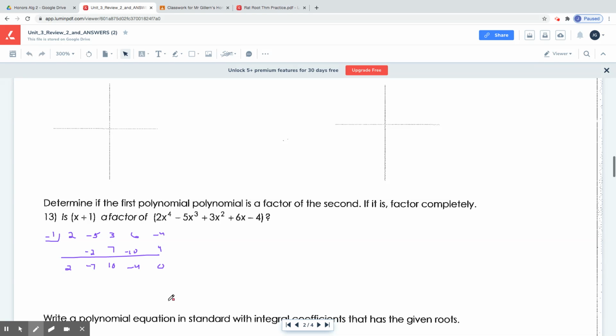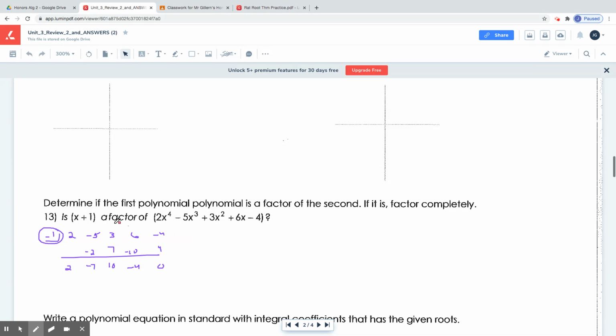So this is a 0. So -1 is a 0 of it, it is a factor of it.